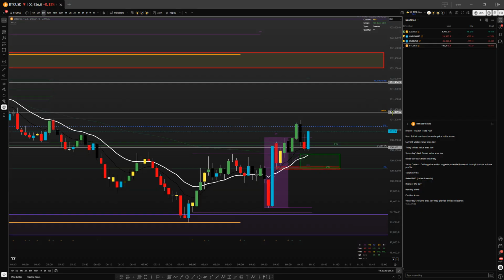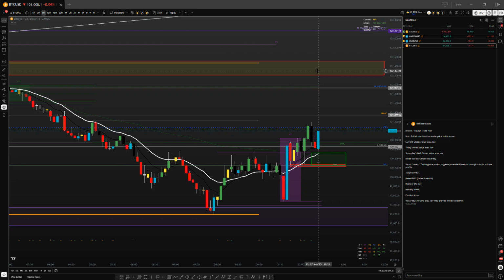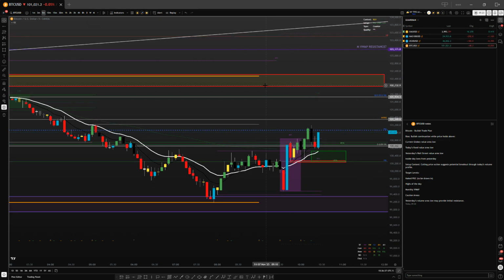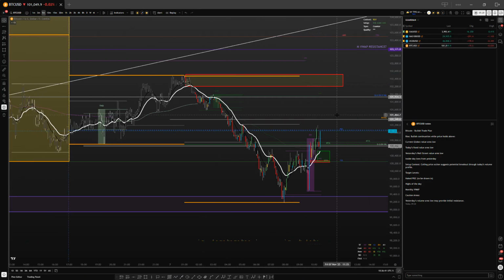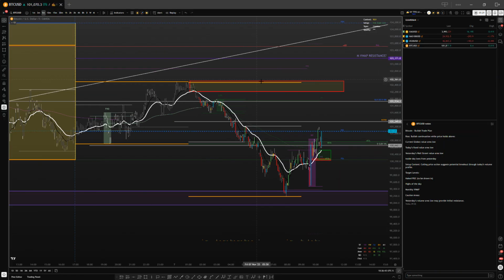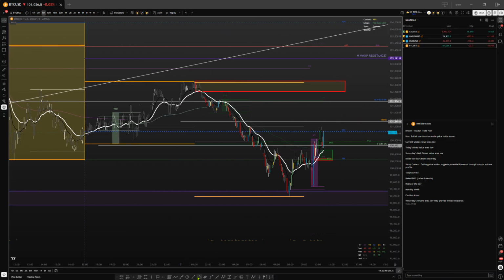Now, my target, I'm looking for a 2R outcome on this. That's all I need for my objective for today. And that is going to take me up into the highs of the day, reversing on the backside of this bearish trend.